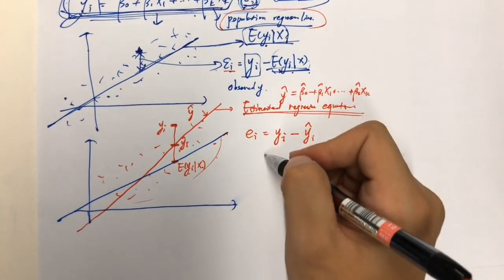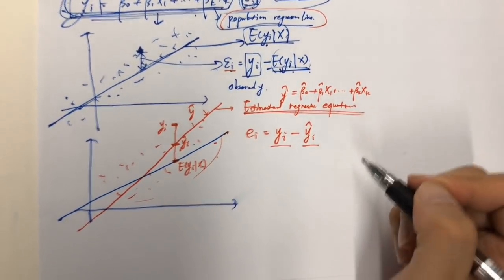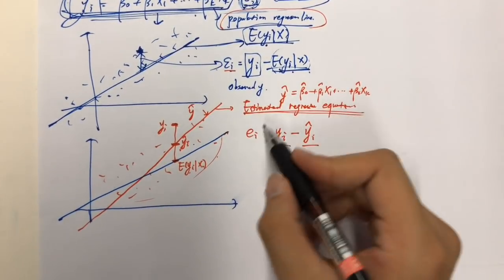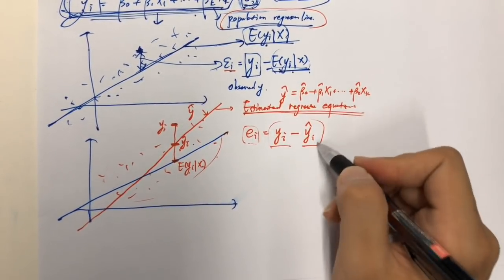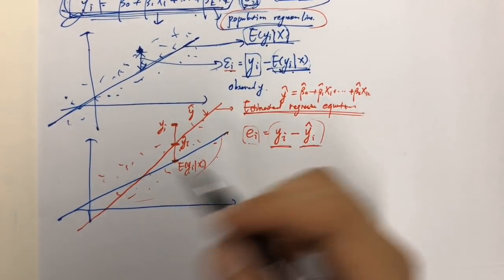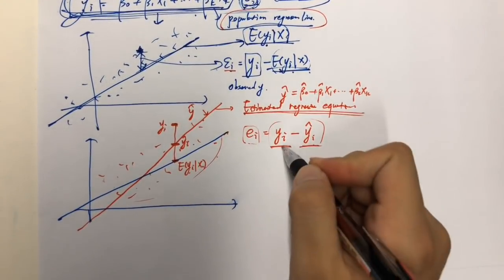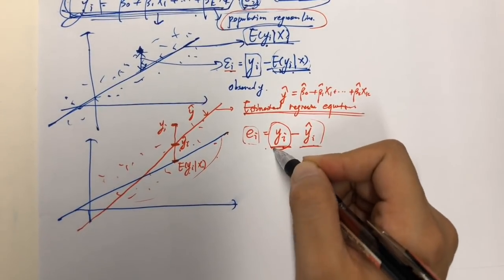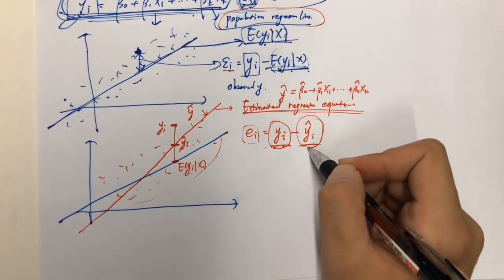So this is, again, the observed y, and this is the predicted y. Therefore, the residual is calculated by the observed y minus the predicted y, okay?